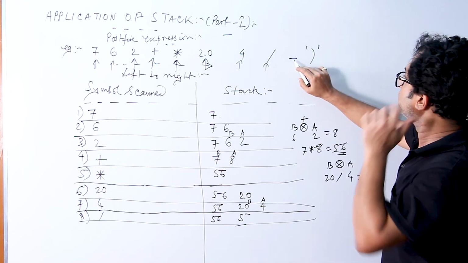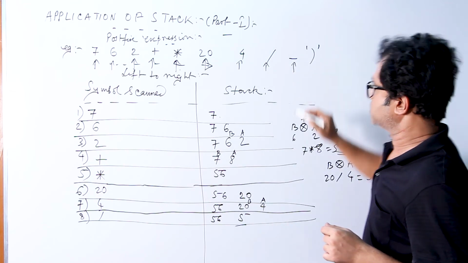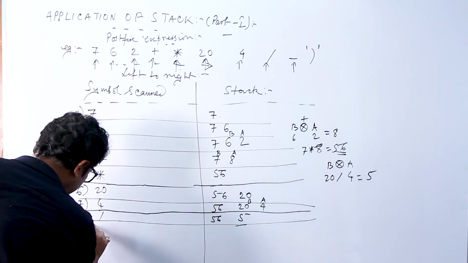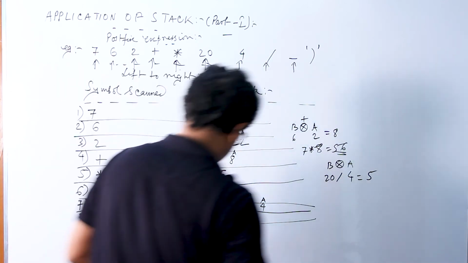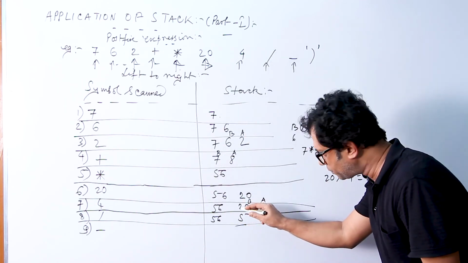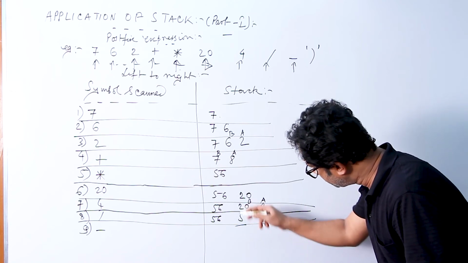Now we encounter this minus. So there is yet another operator to be seen now, that is minus. Now we will perform a similar operation as we have done in the previous step.